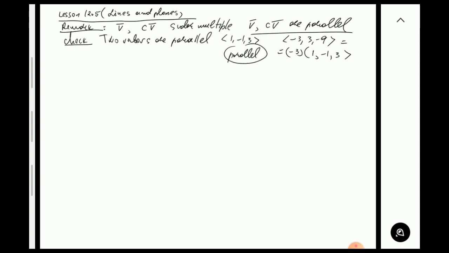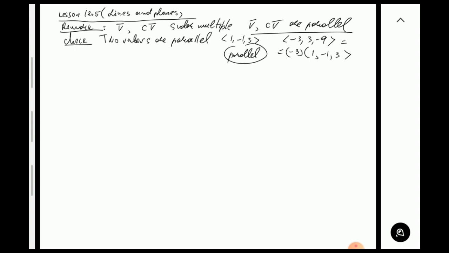This is a direct consequence of the angle formula between them. If you do the cross product, it's going to be 0, sine of 0, remember? Well, depending on the orientation, the angle could be 0 or 180 degrees, right?